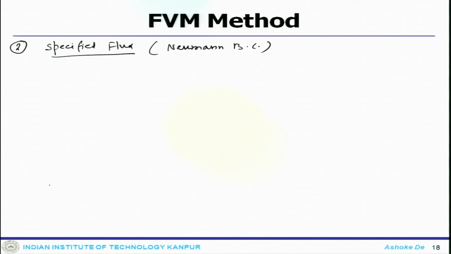So, if you look at the same element here, this is the center, then you come, this is the normal, this is E B, this is point B, this is T, this is where Q B is specified.